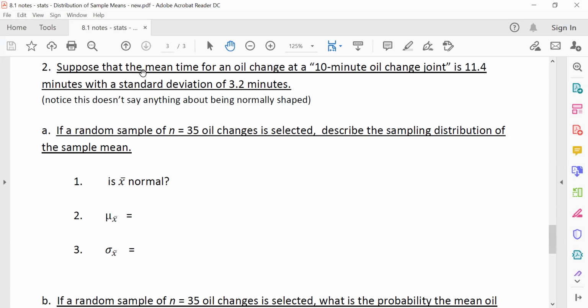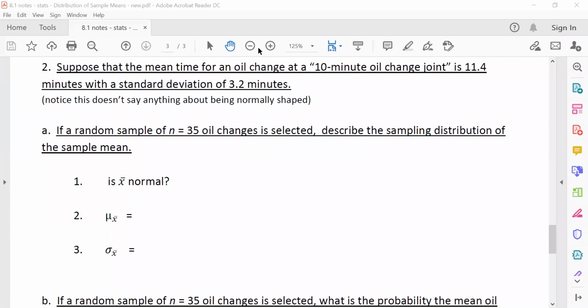So even though the distribution that any individual oil change time comes from is not necessarily normal, it may be, but it's not guaranteed, the distribution of the sample mean is going to be normal because we have at least 30.